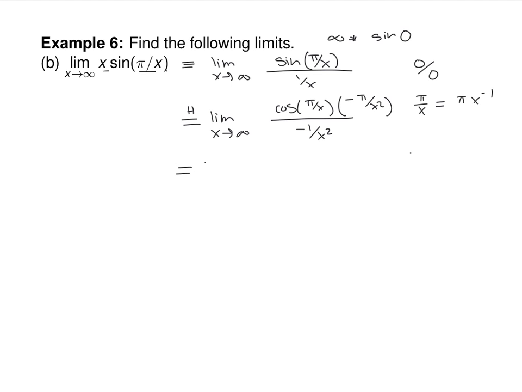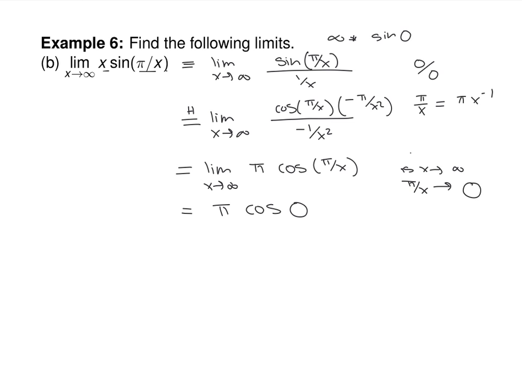So this is the limit as x goes to infinity of pi times cosine of pi over x, right? And as x goes to infinity, where does pi over x go? 0. So this becomes pi times cosine of 0.